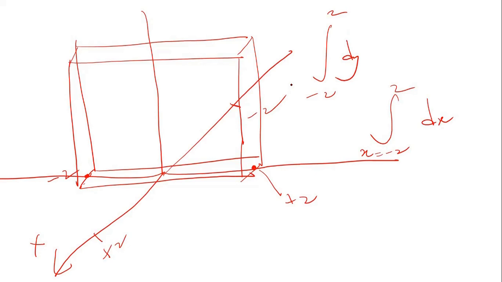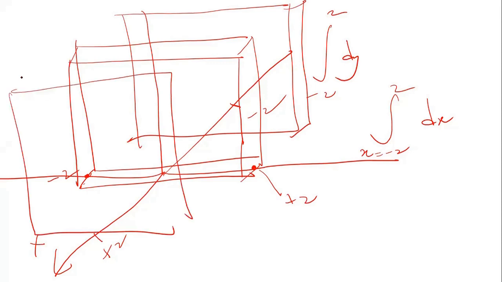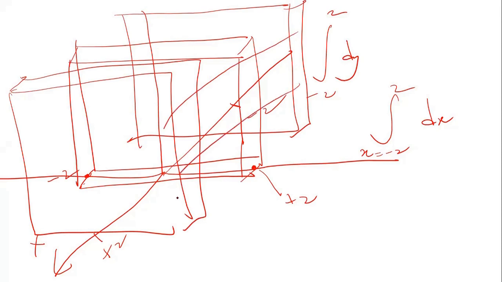So after this, if you perform this summation again, you can assume that there is a rectangular block at x equal to -2, and there is another rectangular block at x equal to +2. So you will do the summation of all these rectangular blocks from -2 to +2.